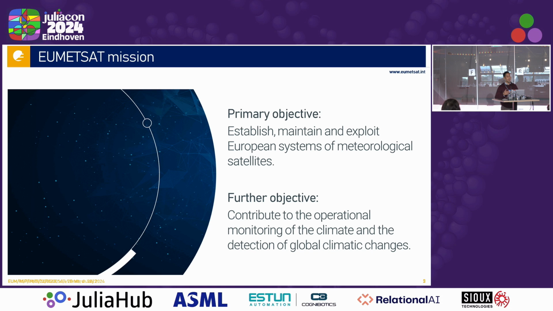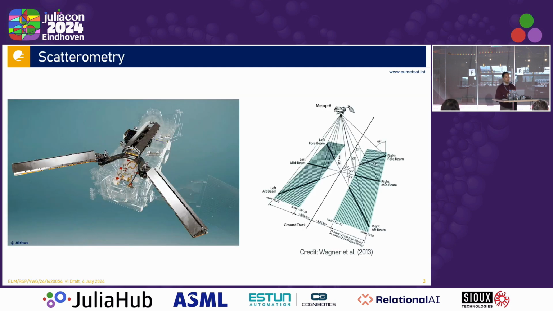So we deliver a lot of Earth observation data near real time, so it can be used for weather forecasts and meteorological application. And then we also have a further objective of making the data available and useful for climate research and climate understanding. So very specifically, I am in the remote sensing and products division, where I work with the scatterometer. That's a very specific instrument, and I just want to introduce it a bit.